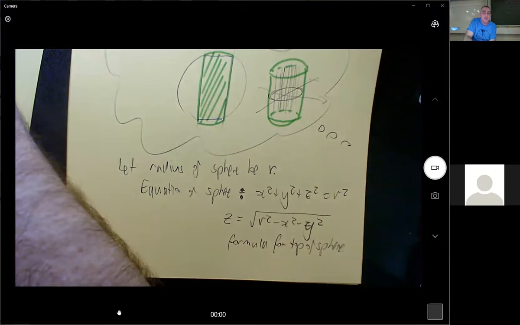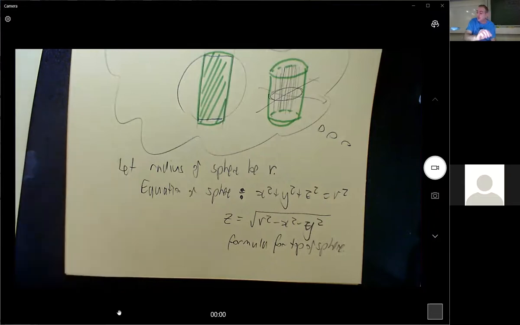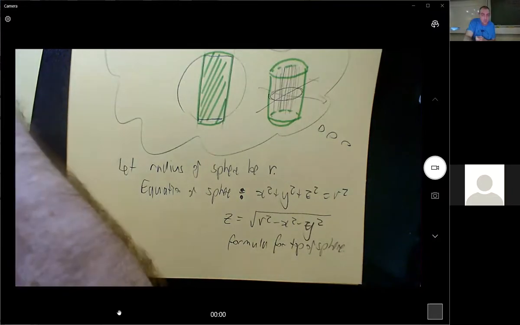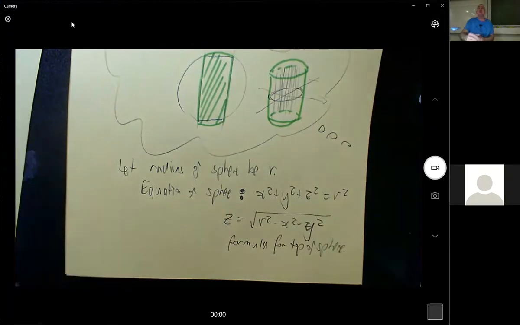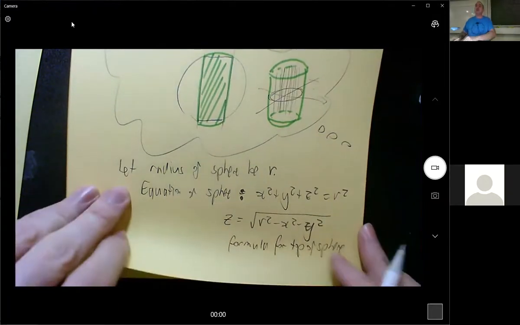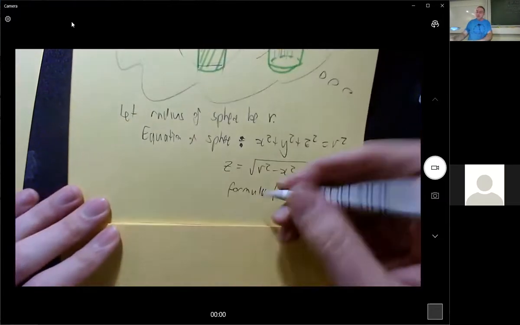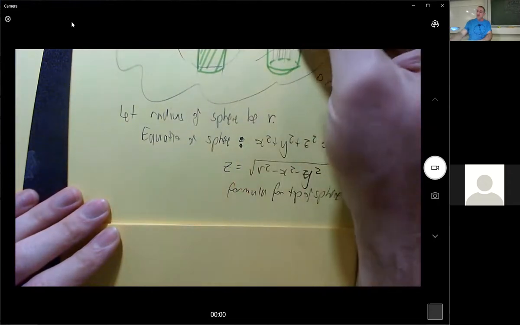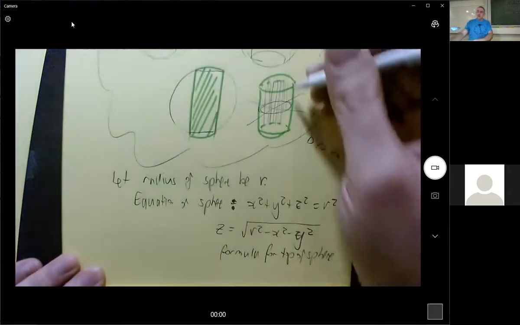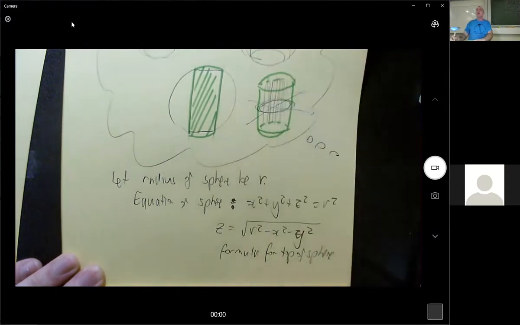Oh, wow. Fun. Yeah, that doesn't make any sense, does it? Okay, we'll get there. So I could say that this is the height of this curved part of the top of the sphere above this circle just there.